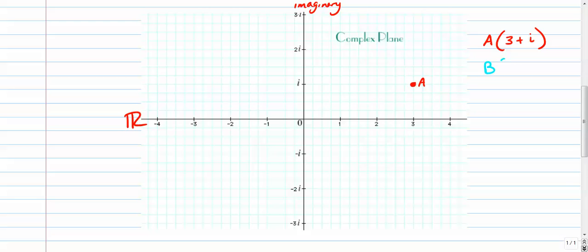Let's put another one. Let's put point B at negative 2 minus 3i. Well, that's minus 2 on the real, and then minus 3i on the imaginary, so it's down there. All right, I'll put one or two more here. Let's say we have negative 3 plus 2i, that's point C, so that's negative 3 this way, plus 2i is up this way.